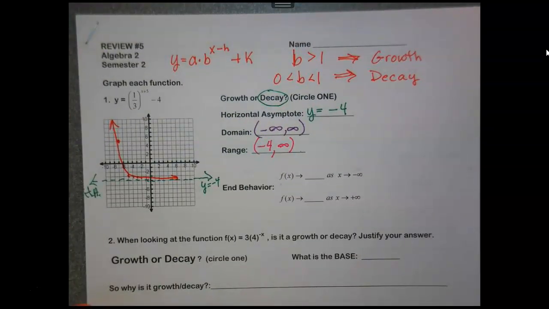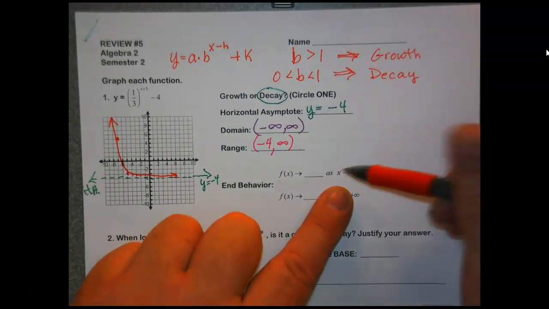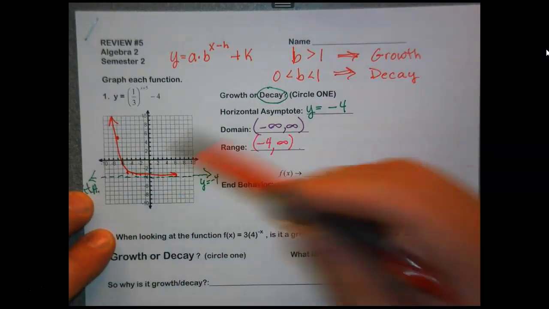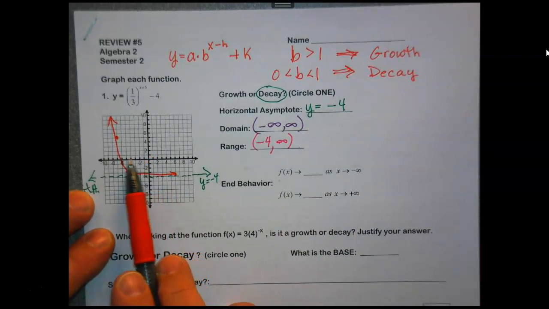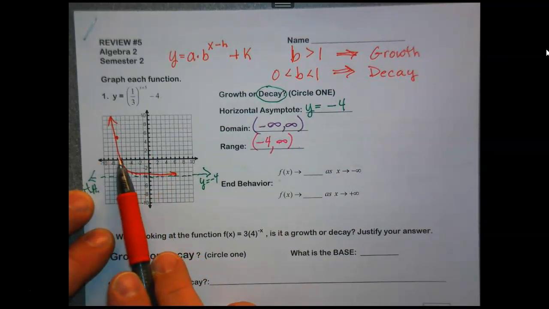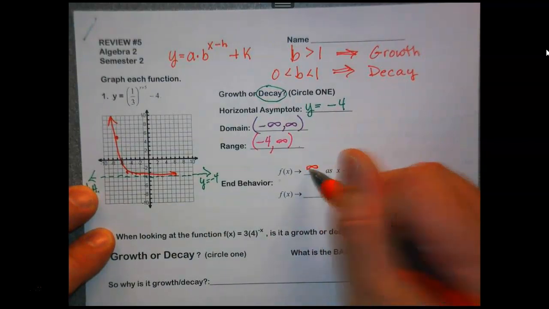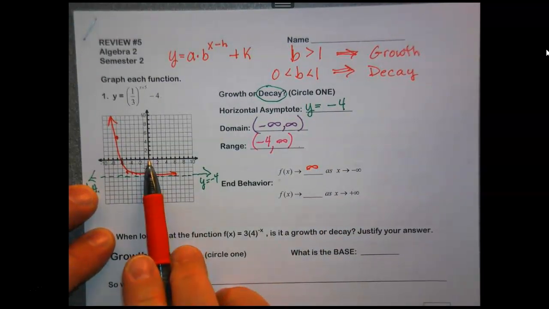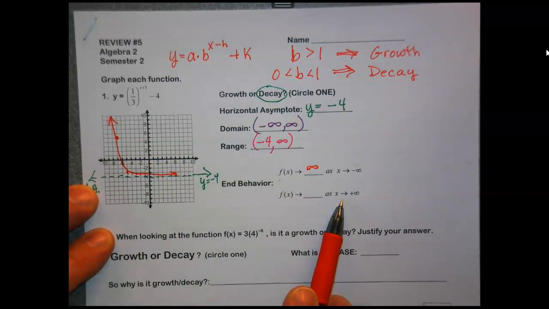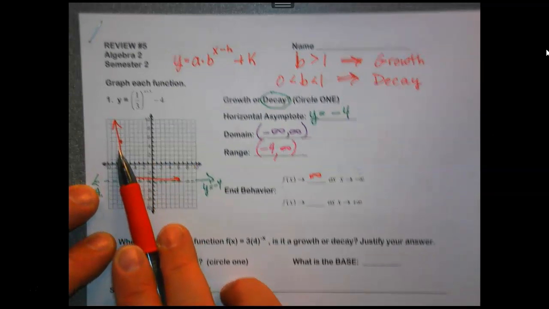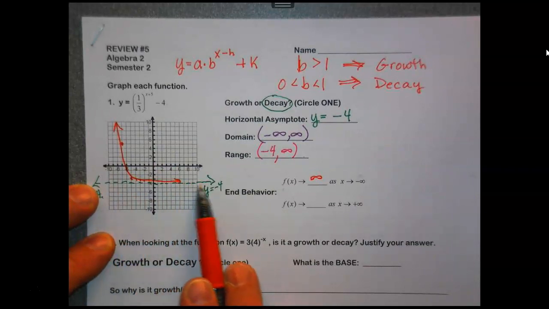And then my end behavior: as x goes to negative infinity, to the left, my y goes to positive infinity. As my x goes to positive infinity, to the right, my y tries to get to that -4.